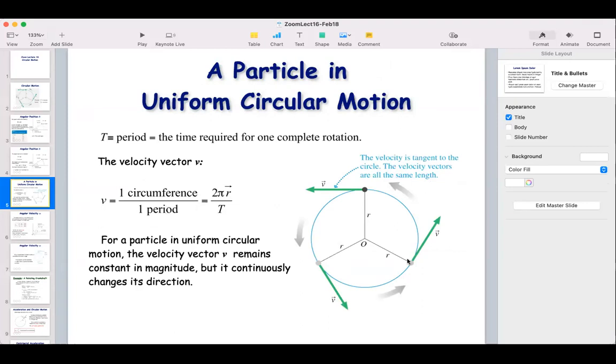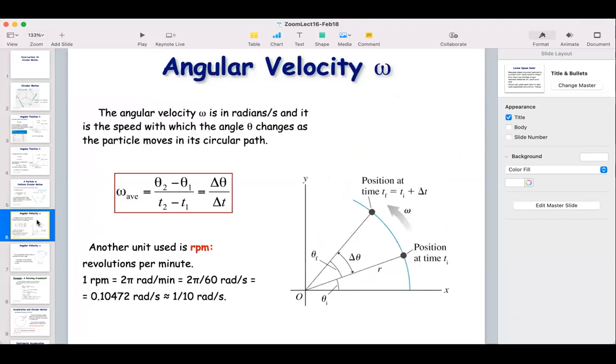This is the displacement in an entire cycle: one circumference divided by the period T. This gives you the velocity, which, as I said before, remains constant in magnitude but constantly changes direction. You see here this vector pointing all over the place.